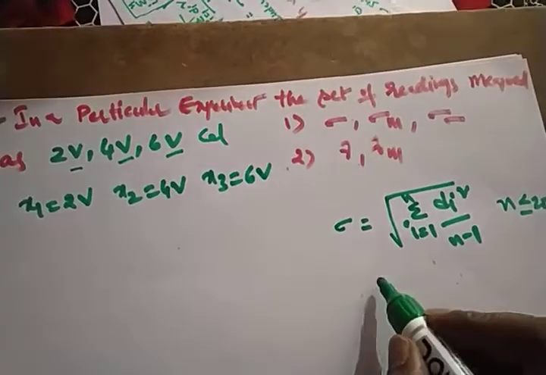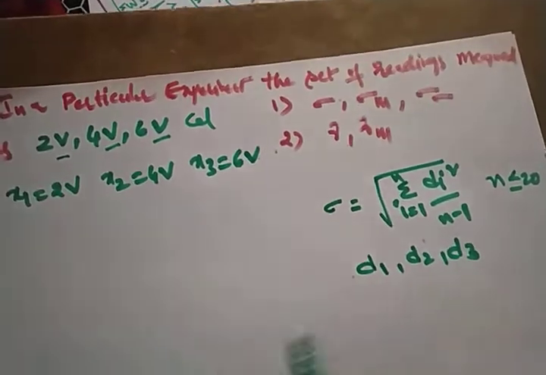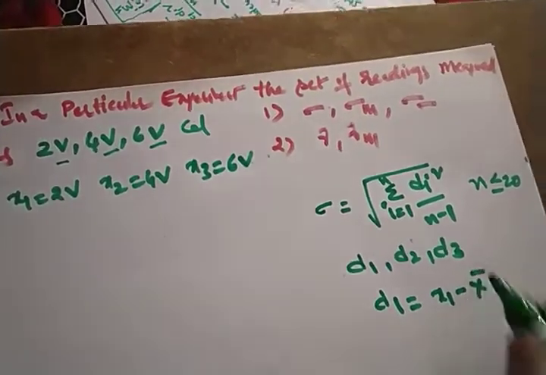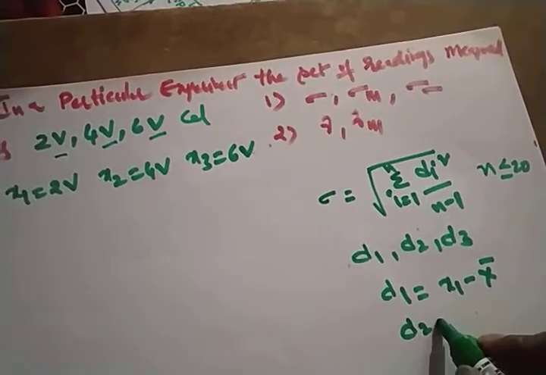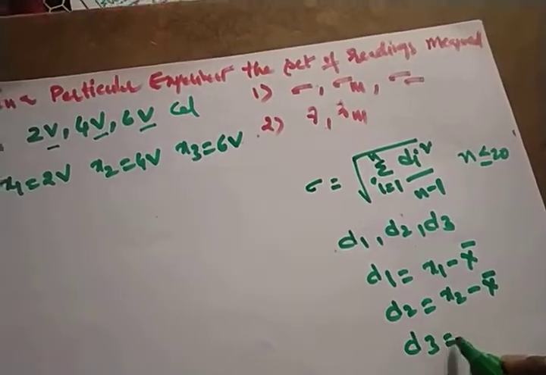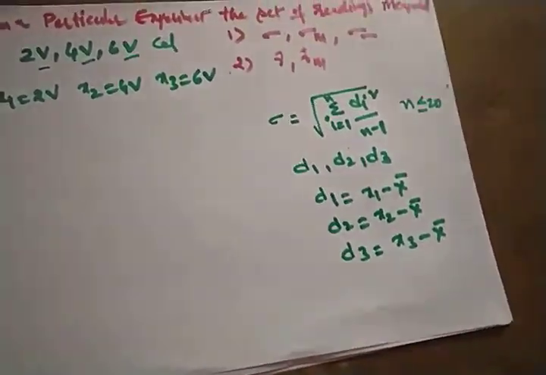First you have to find out d1, d2, d3, right? d1 is equal to x1 minus x bar, d2 is equal to x2 minus x bar, d3 is equal to x3 minus x bar. You have to find out the deviations first.